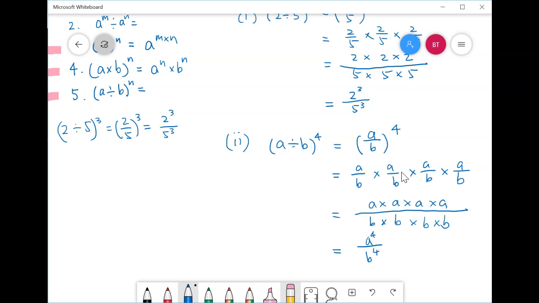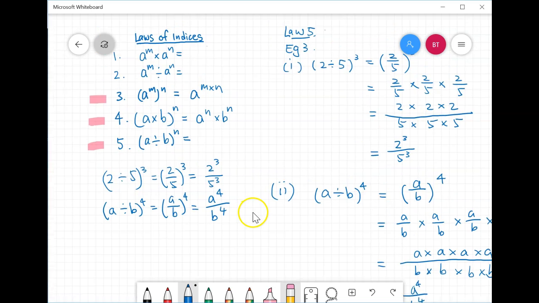So I have this situation here: a divided by b to the power of 4 becoming a over b to the power of 4 becoming a to the power of 4 over b to the power of 4.